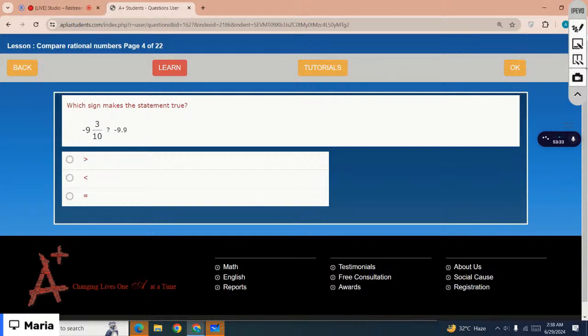Negative 9 whole 3 by 10 is greater than negative 9.9. Option number 1 is the correct option.